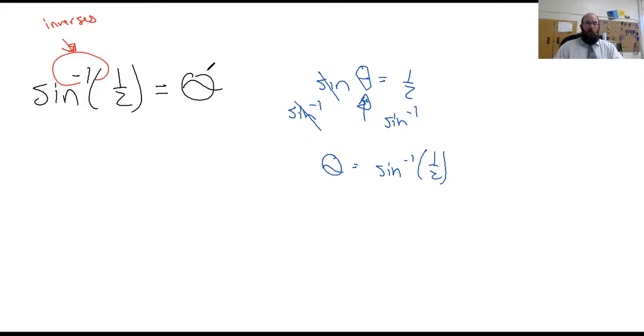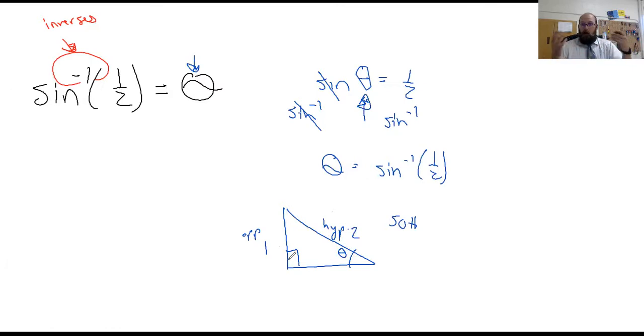But this is still really just asking for what angle gets me sine of 1/2. So for here we have SOH. So let's call this theta, opposite over hypotenuse. With our hypotenuse being 2 and our opposite side being 1, what angle makes that situation happen, right?